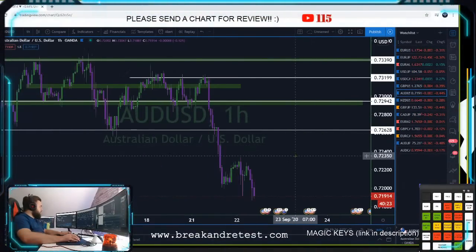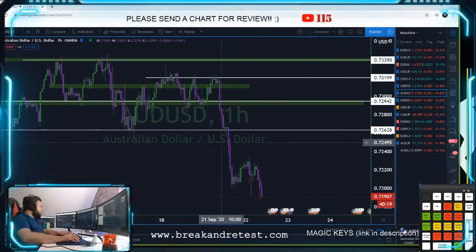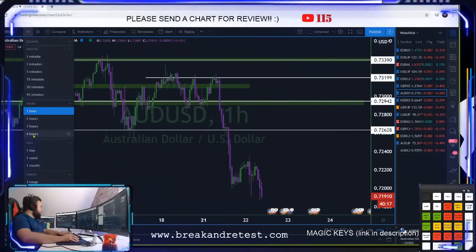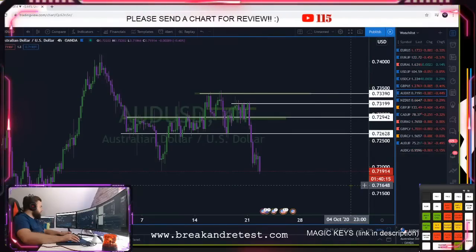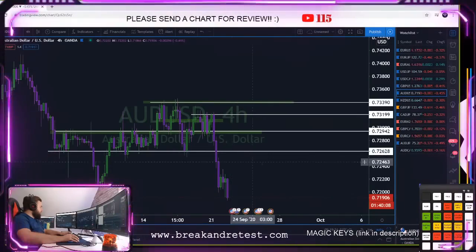Okay, Aussie dollar did melt since yesterday. We had a small pullback here, but it was not enough to count as a retest.